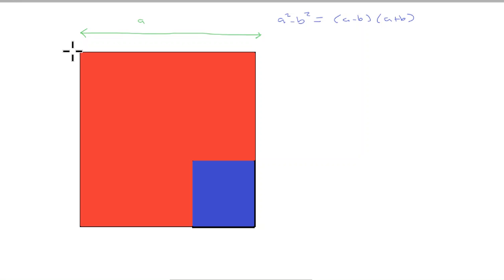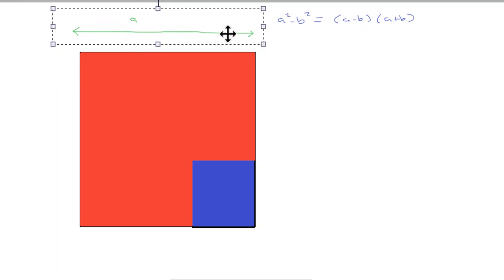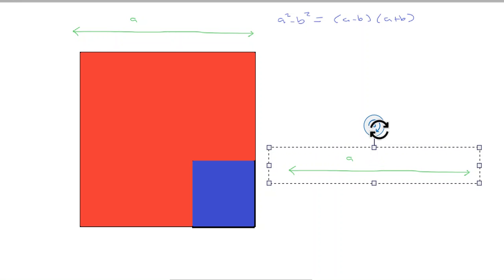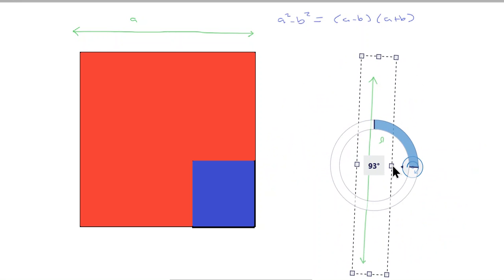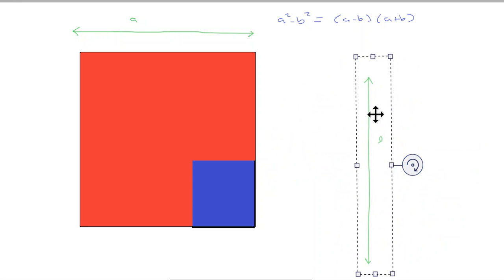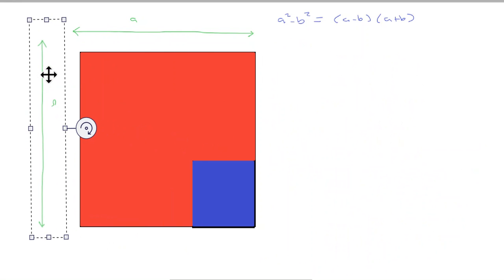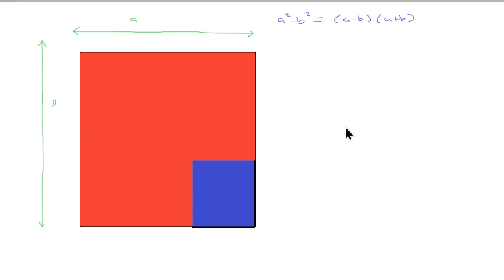Okay, so therefore, if we go from top to bottom, this length from here to here is also a. So the whole square would be what's known as a squared.